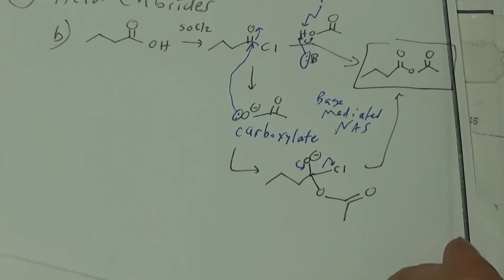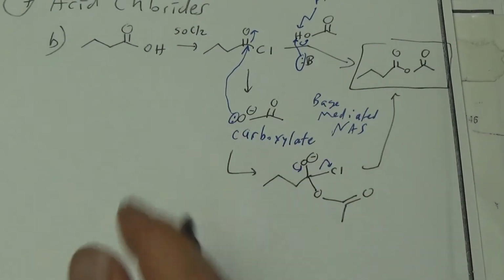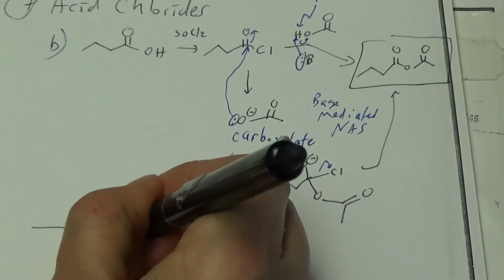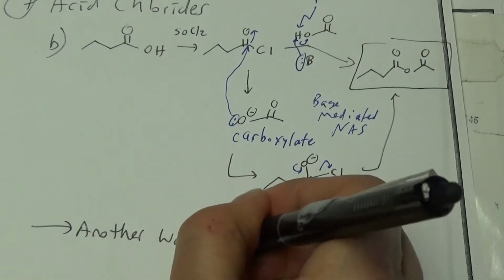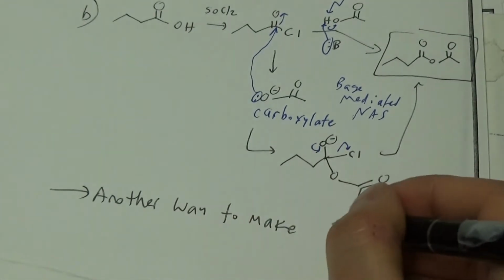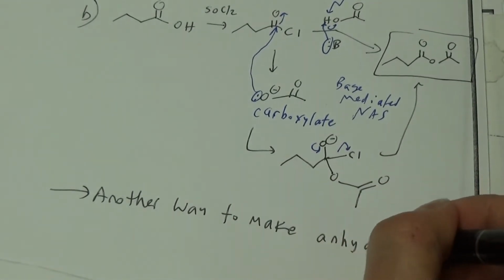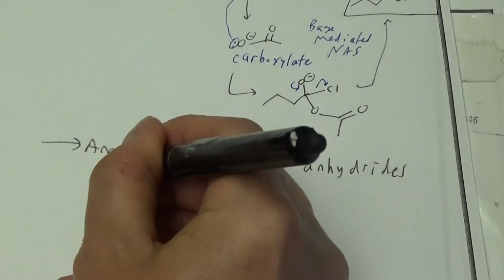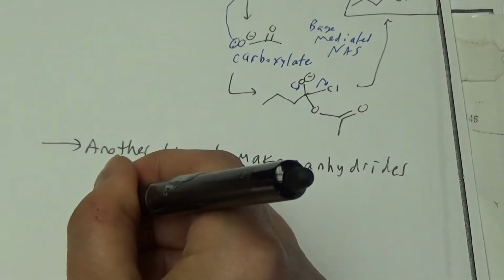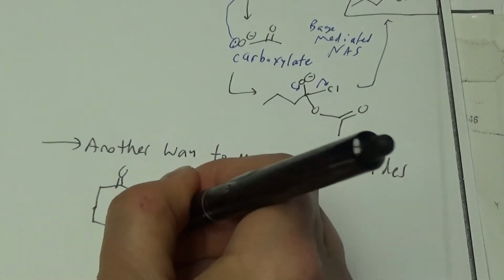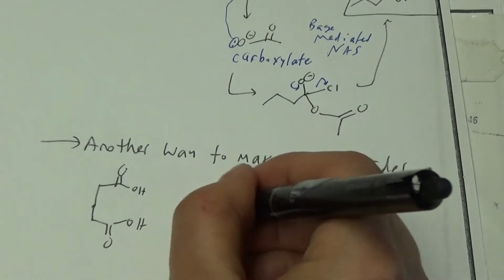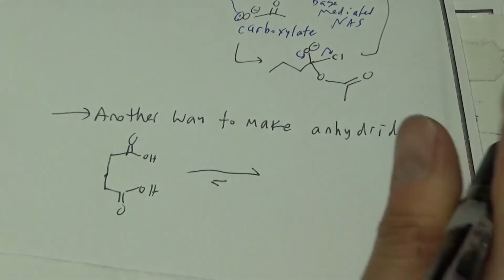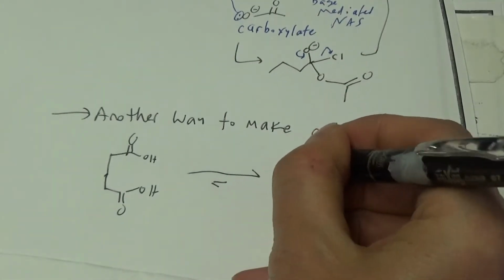The book has a mechanism, but I'll just show it. If I have, say, a dicarboxylic acid, when we cook this really hot, it's an equilibrium that makes the anhydride. In this case, a cyclic anhydride.